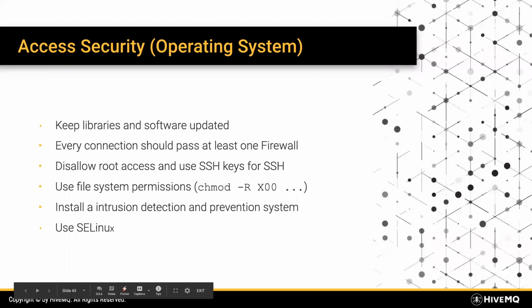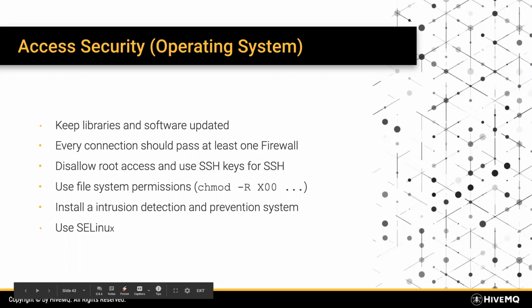Long update cycles are really dangerous here. Then every connection should at least pass one firewall. This can be either a dedicated or integrated firewall, but it could even be provided by a cloud provider. Like in AWS, you have these security groups. This is in essence a firewall.